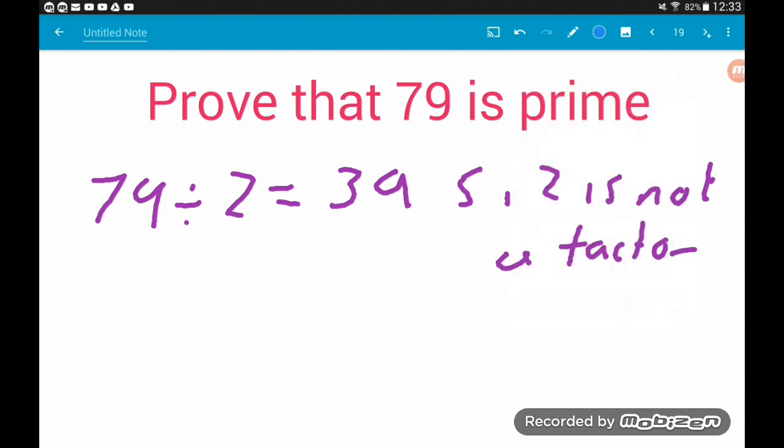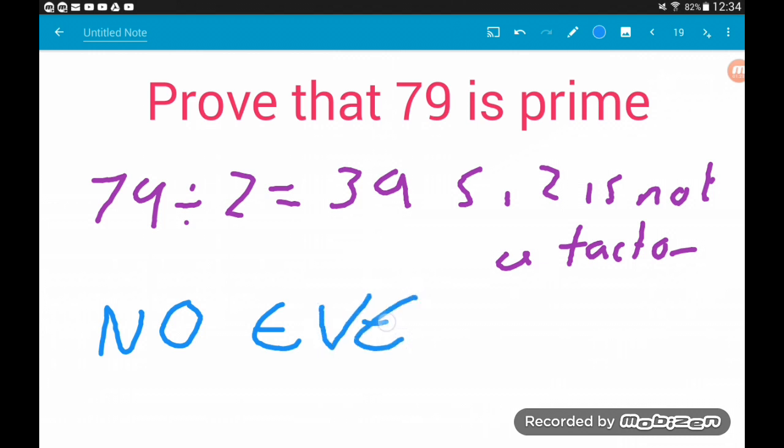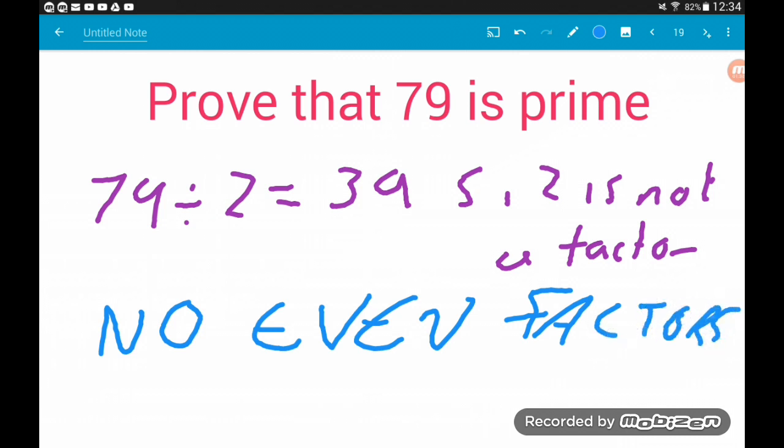This means then there are no even factors. If you're wondering why that's true, think about it. For example, if 4 was a factor, then 2 would have to be a factor because 2 goes into 4. So we know there are no even factors. That's good. That already rules out half the possibilities. So that's quite a nice chunk of work done already.